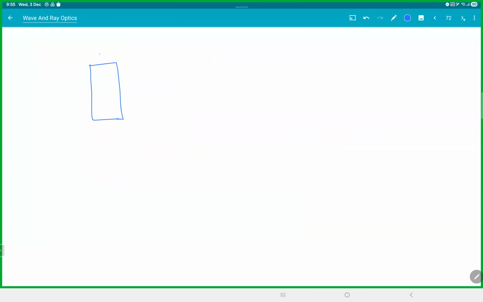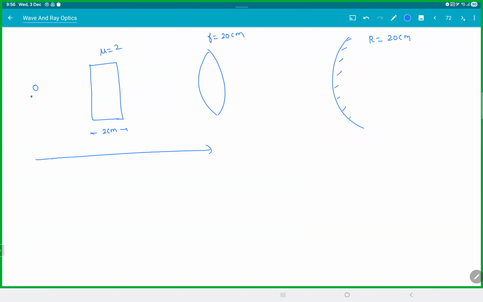So let's say we got a slab here, mu is equal to 2. This is 2 centimeters. And then let's say we got a lens here. Focal length is 20 centimeters. And then let's say we got a mirror here. Object is here. This is 31 centimeters and this is X. Same story. Find X if the final image is on the object.